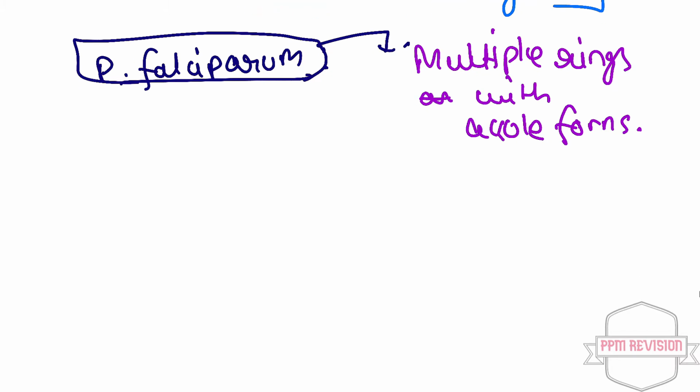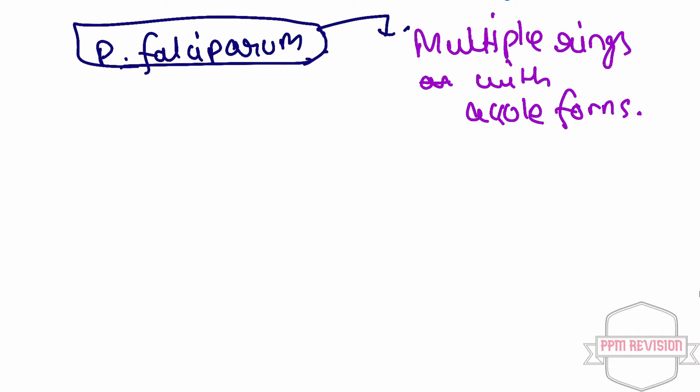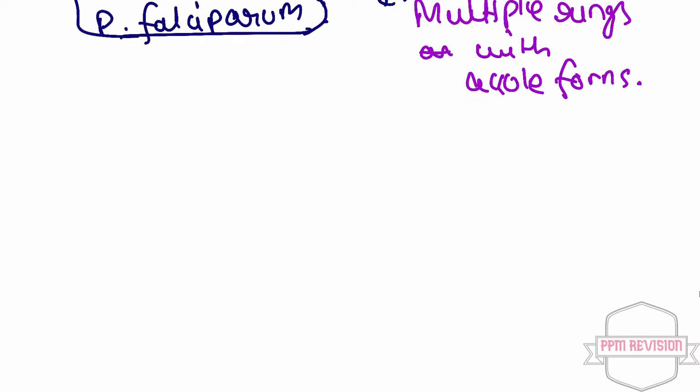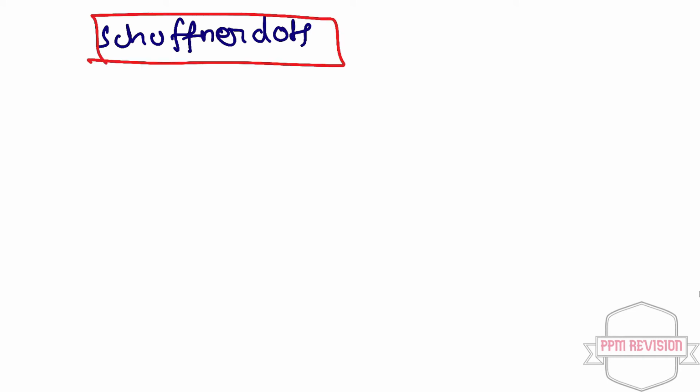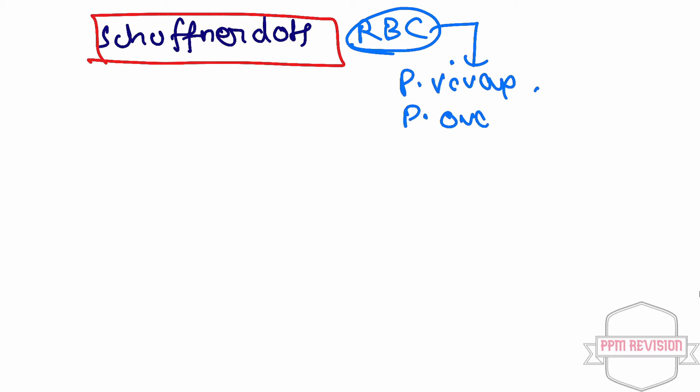So an appearance like that is known as accolé forms. Another MCQ that can be framed would be Schüffner dots. These Schüffner dots are in RBCs and are seen in cases of Plasmodium vivax and Plasmodium ovale.